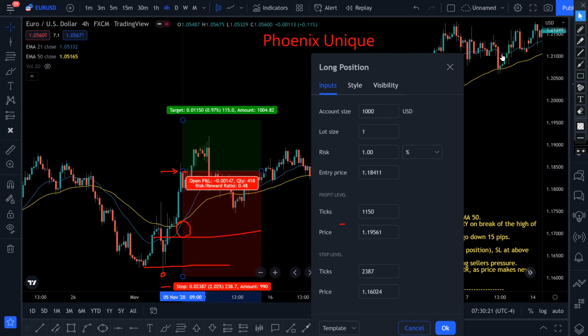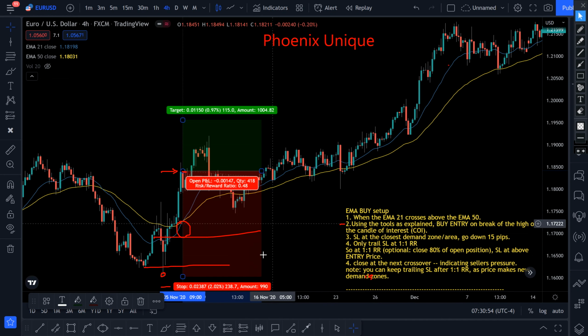This is 238.7. So this last 7 here is the pipette. The pip starts counting from here. So it will be 238. So what you're going to do is plus 15, which is 238 plus this 15 here.